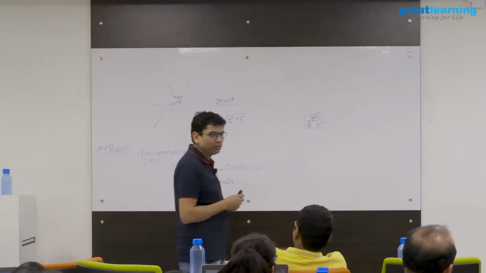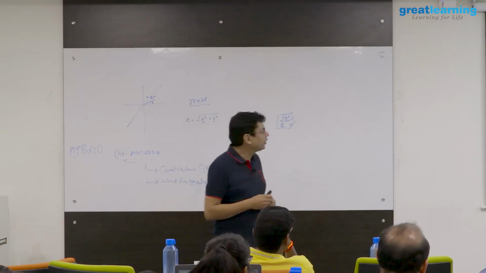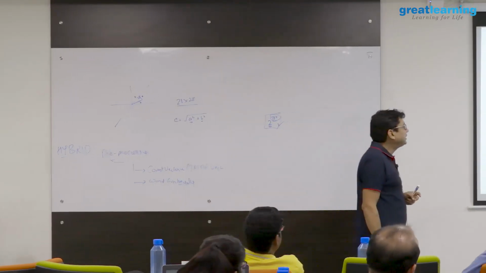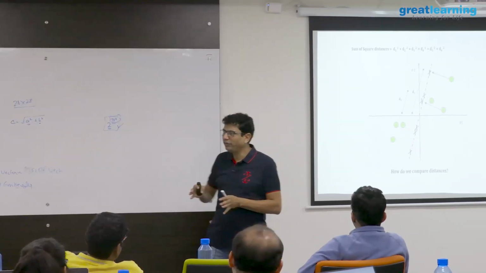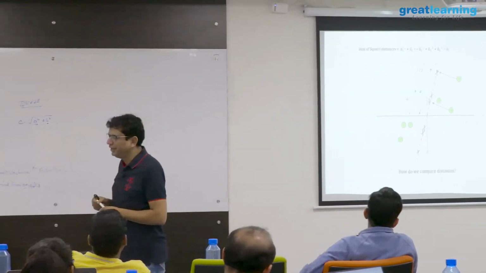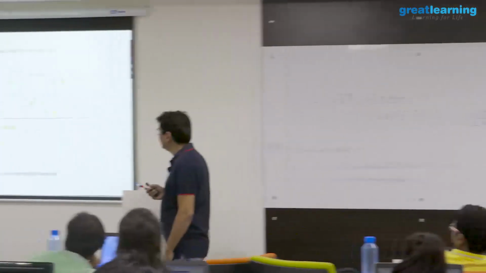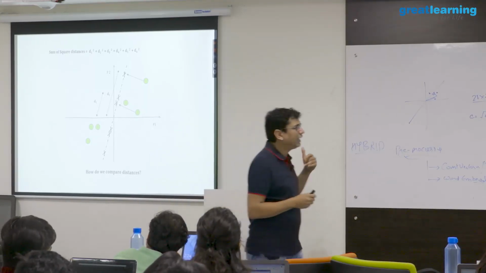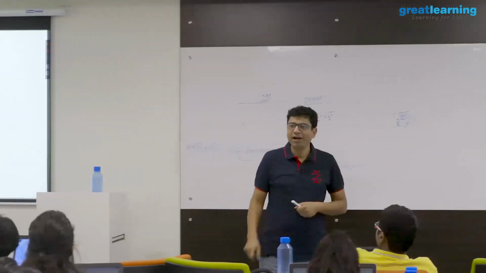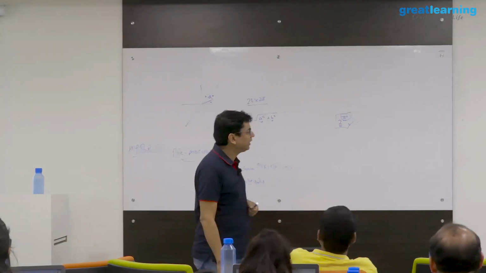You are very familiar with this one, it's like mean squared error, sum of squared errors. Because we are trying to maximize these distances, wherever the SSD is highest, we will get our best fit line.